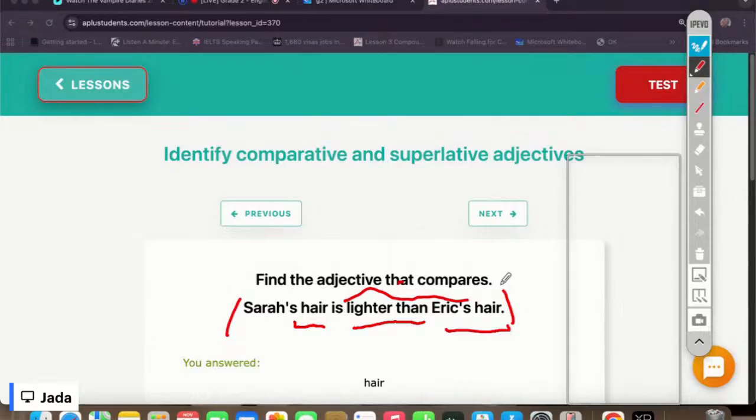Okay. So from this example, we have lighter as the adjective. Okay, lighter.